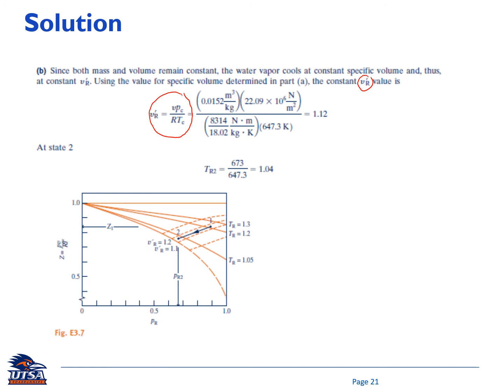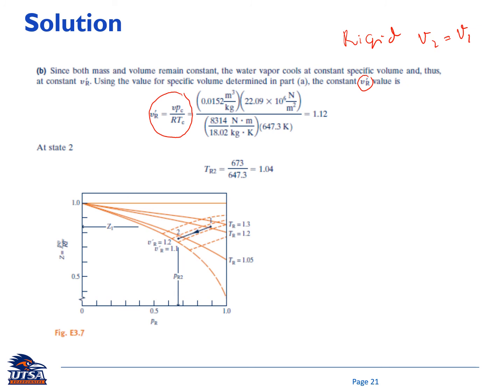So in here, if I plug in all numbers, once again, the process from state 1 to state 2 is a closed system, and it's rigid, so it means there is no change of the volume. So V2 equal to V1.